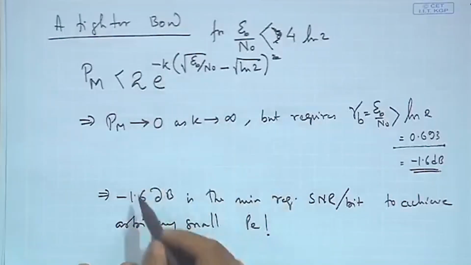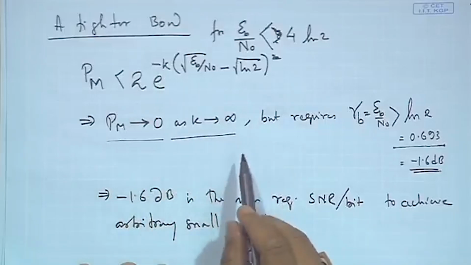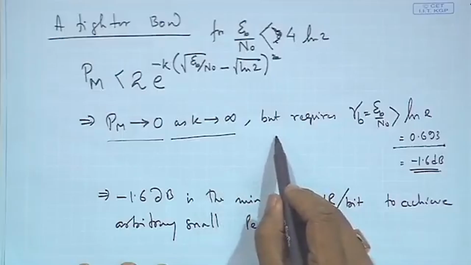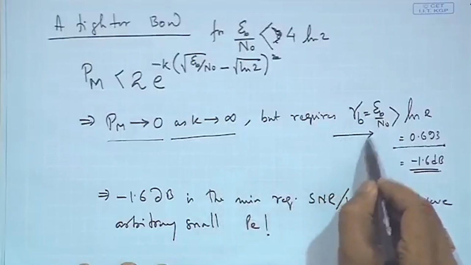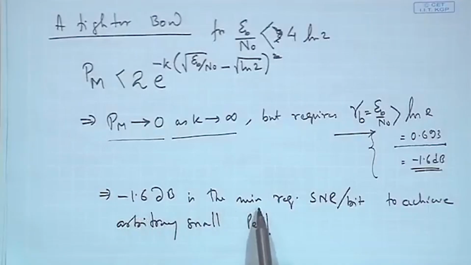That means, you could make the probability of error go to 0 as k increases indefinitely, but you have to maintain gamma b greater than minus 1.6 dB. So, minus 1.6 dB is the minimum required SNR per bit to achieve an arbitrarily small probability of error. And remember, this is achieved by making bandwidth go towards infinity.